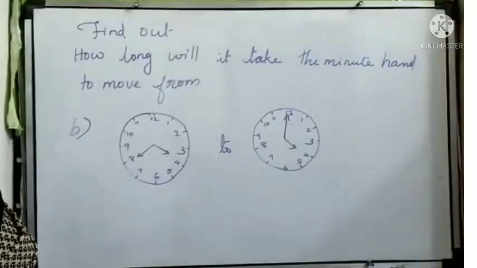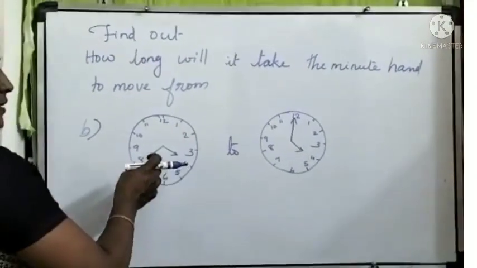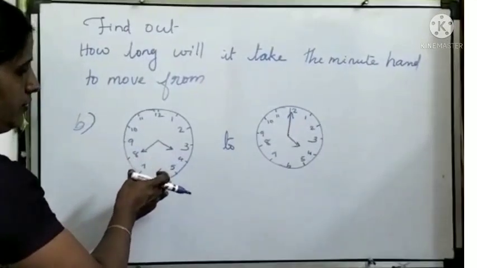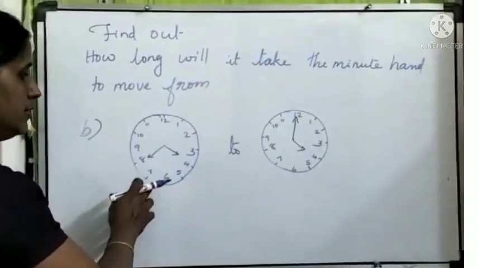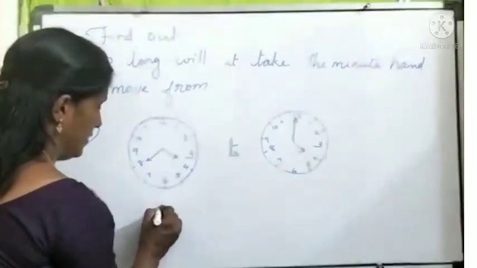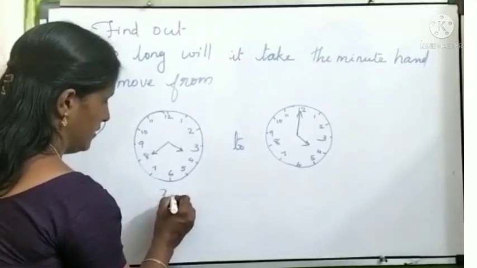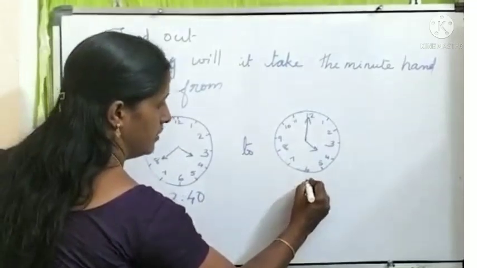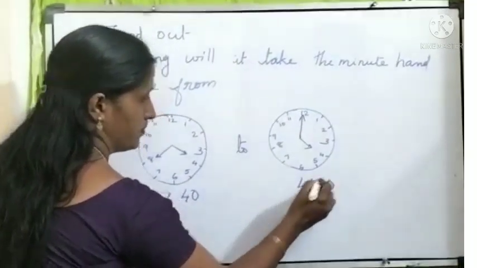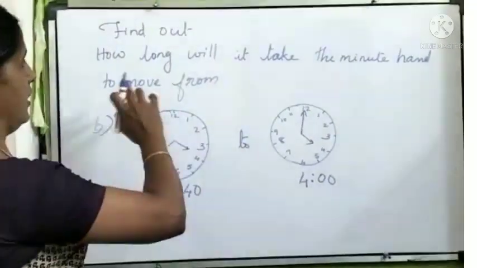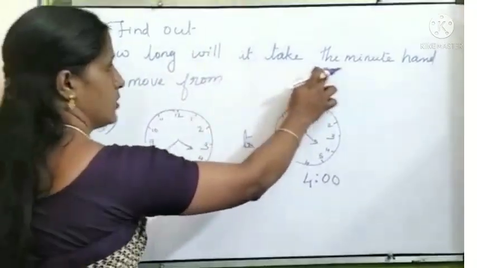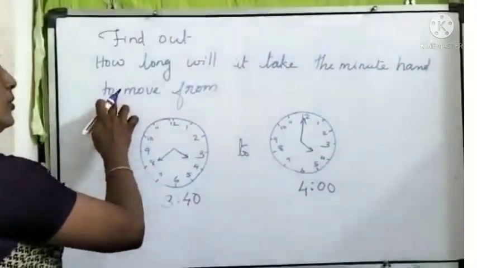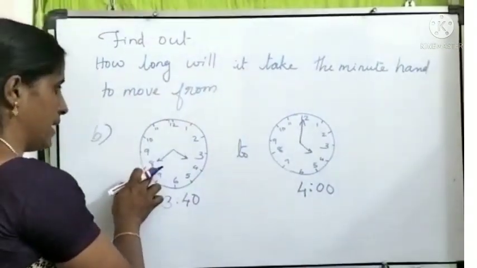So, the next question. In the given question, what is the time given here? Yes, 3:40. What is the time here? 4 o'clock. We need to find out how long it will take the minute hand to move from 8 to 12.